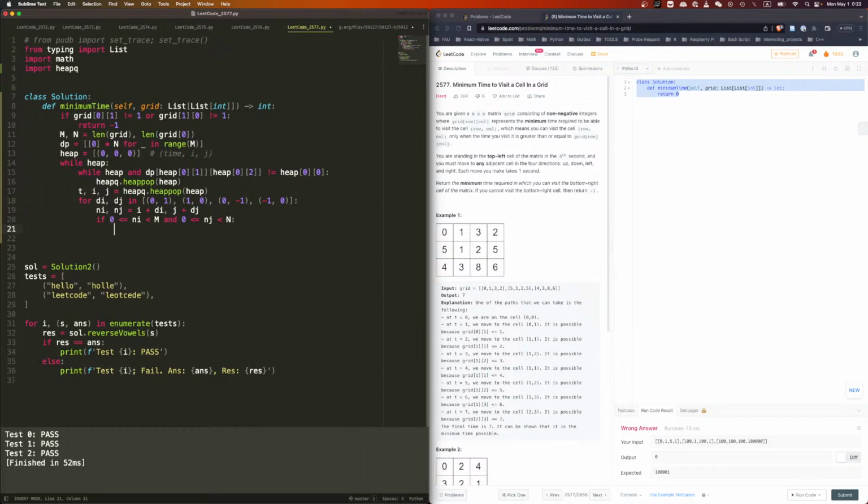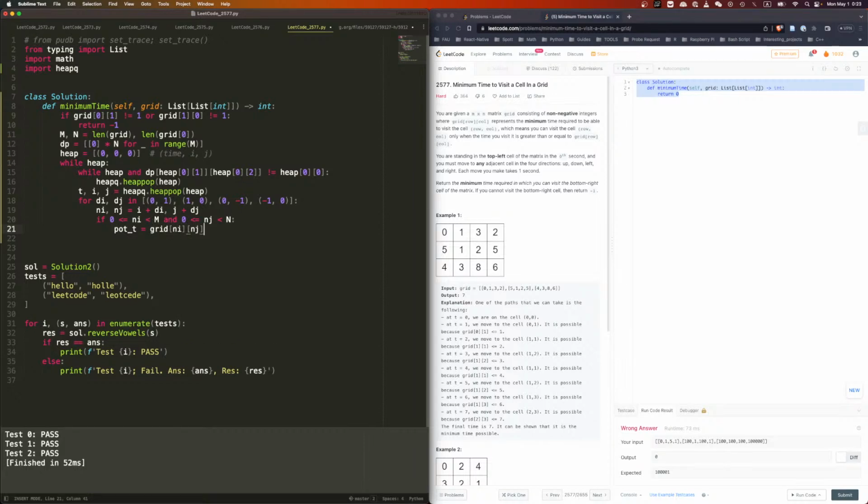Now it's the case. Well, we need to see the grid, right? We need to see the grid. And for the ni and nj, we're going to say potential t shall equal to grid ni, nj, right?